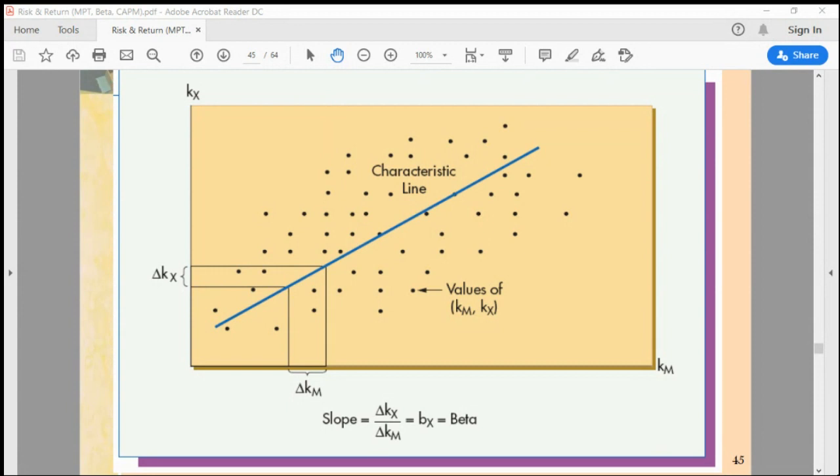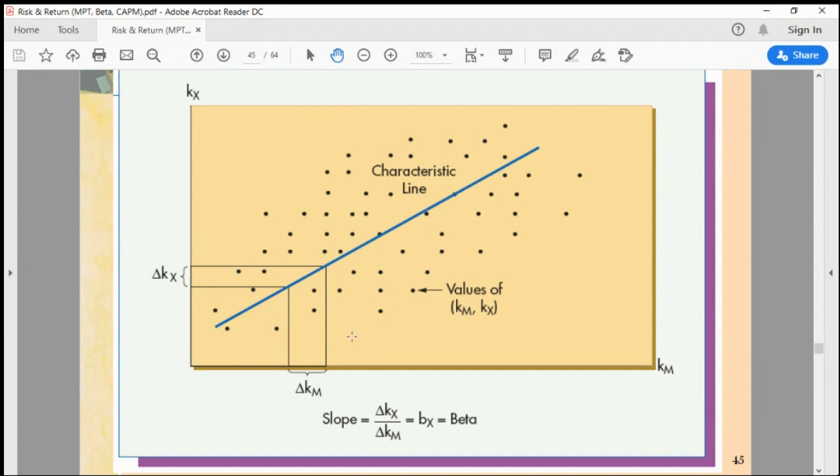Our last discussion, we left off where I was showing you this scatter plot between two variables, one being the market return, and the other being the return on a particular stock of company X, right?